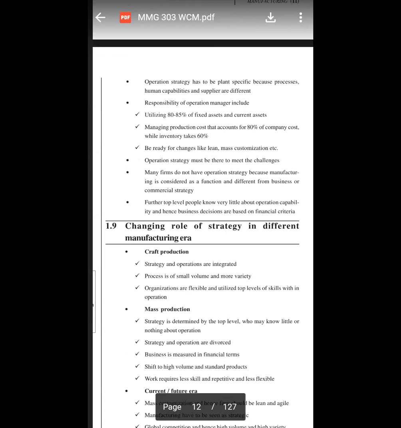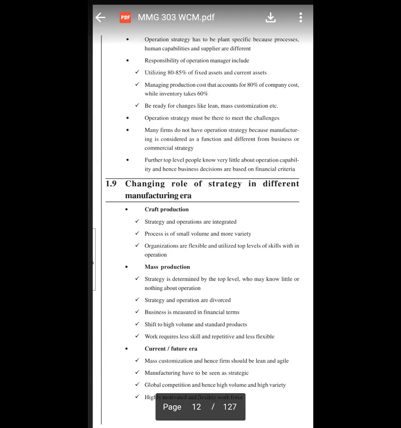Many firms do not have operational strategy because manufacturing is concerned with the function and different from business and commercial strategy. Now see, the top level managers know very little about the operational capability, and hence the organization and the business decisions are based on financial criteria.